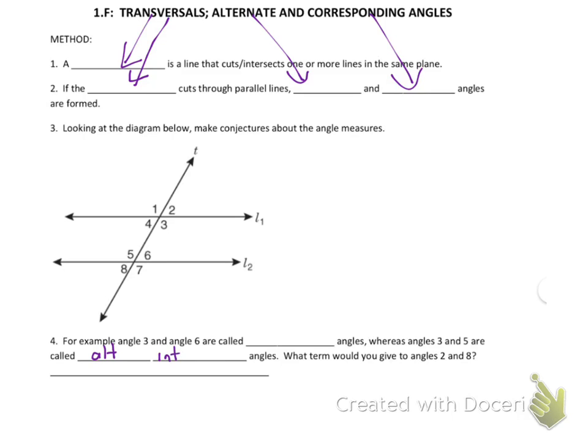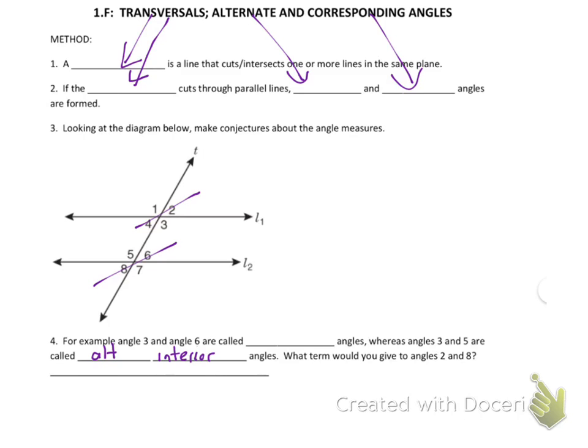So down here, second set of blanks: alternate interior angles. 3 and 6. Ooh, we didn't do those ones yet. We didn't talk about those. 2 and 8. Wait, are 2 and 8 the same? They appear to look the same. But 2 is equal to 4, right? 8 is equal to 6.